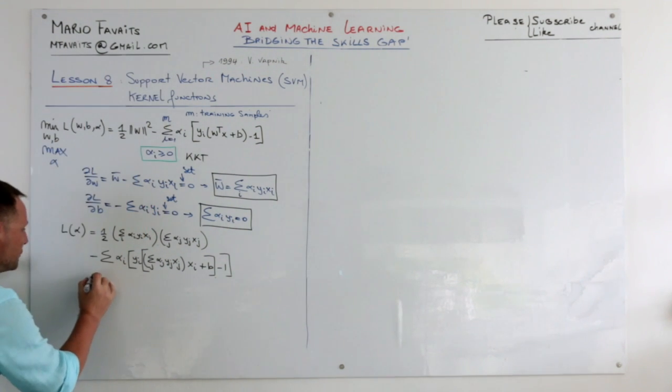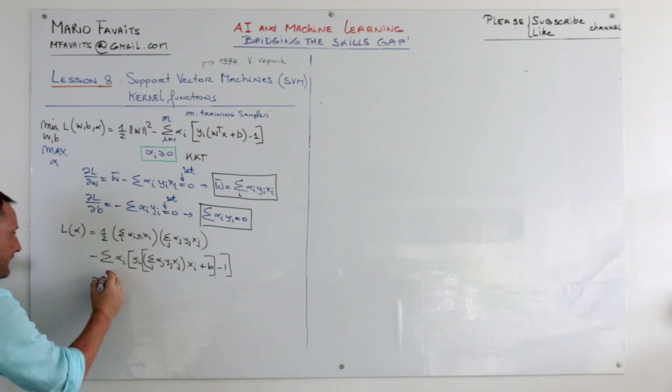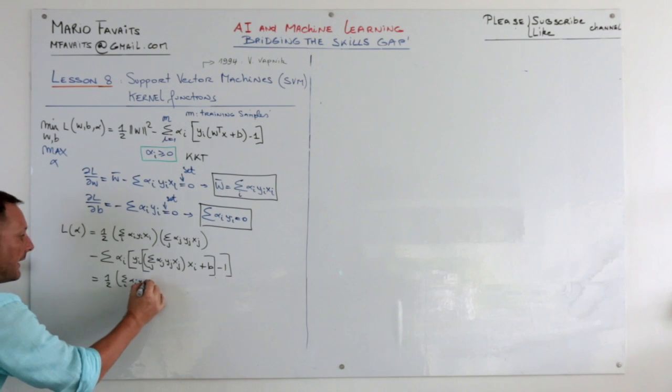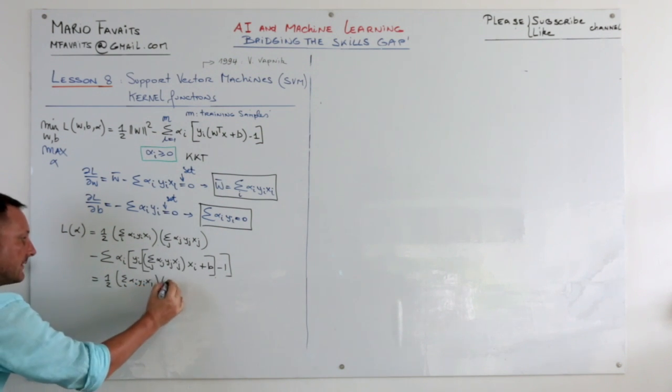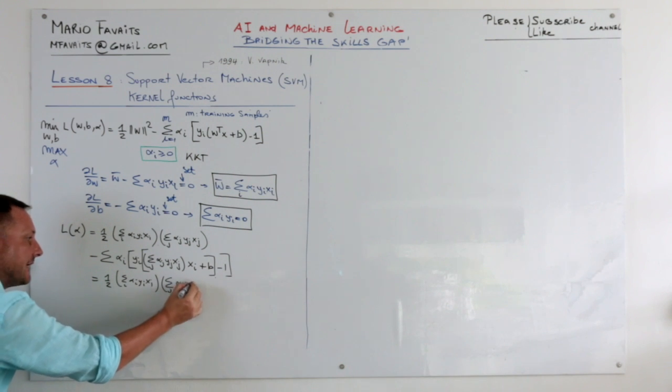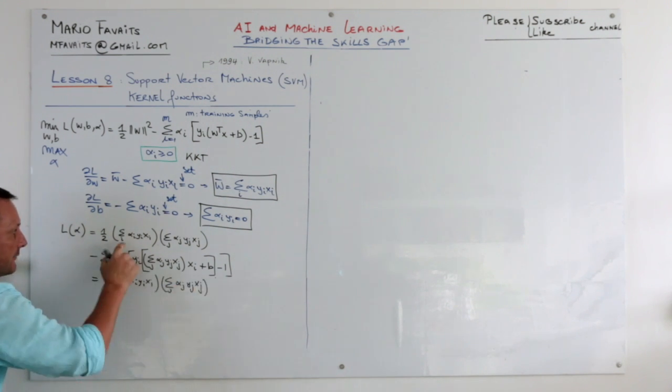So this is equal to, we have here still half of the sum over i, alpha i, yi, xi, and the sum over j of alpha j, yj, xj. This remains the same.